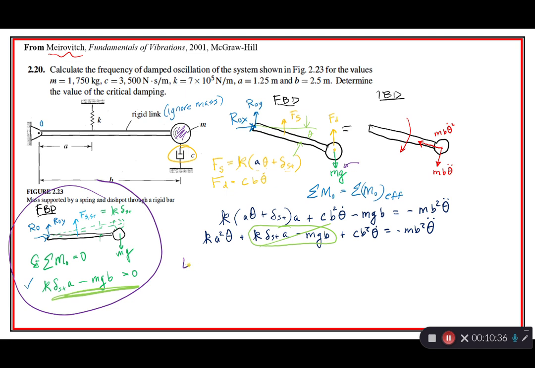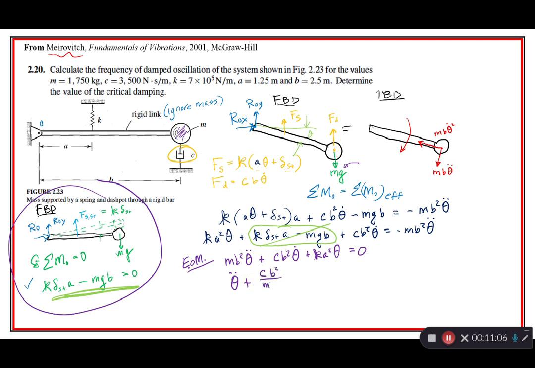So here's the equation of motion that we would write: mb squared theta double dot plus c b squared theta dot plus k a squared theta equals 0. Another way to write this equation of motion is to get this nice and clean by getting that over here.